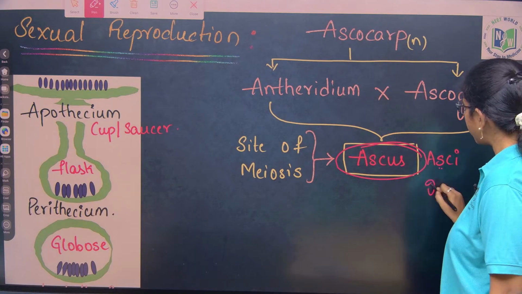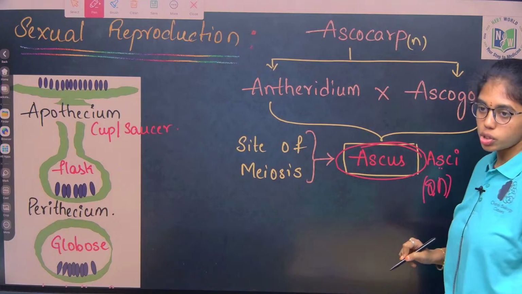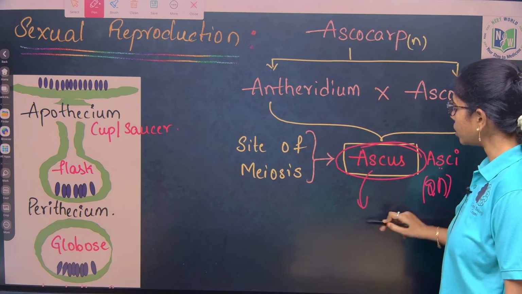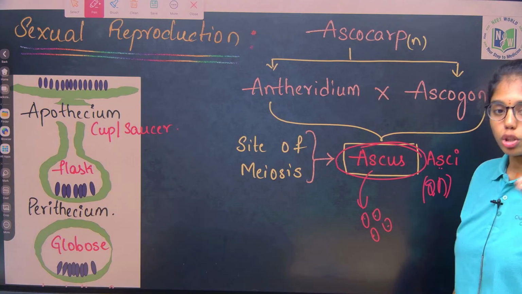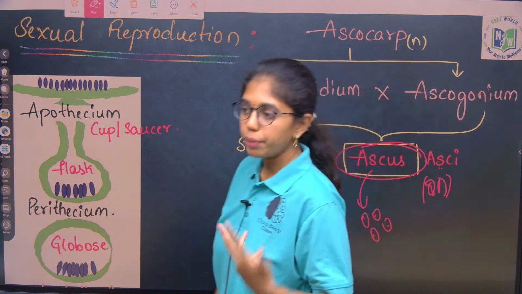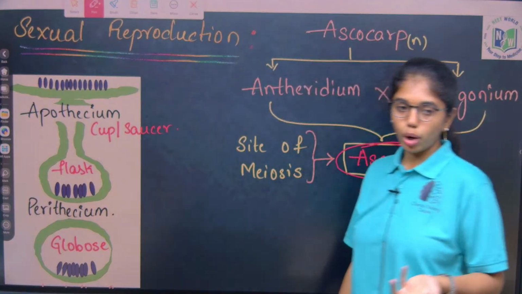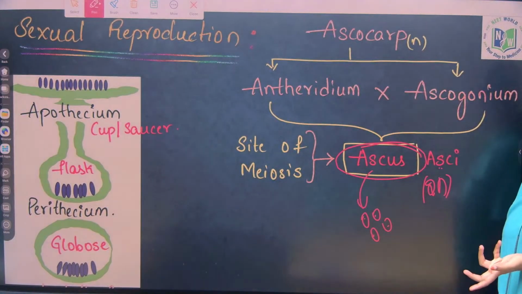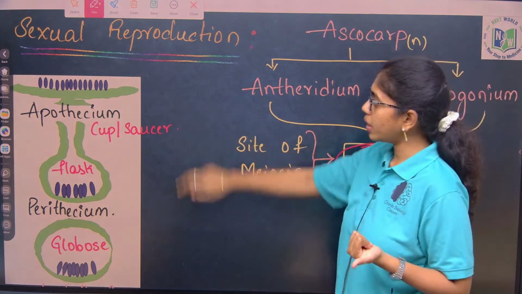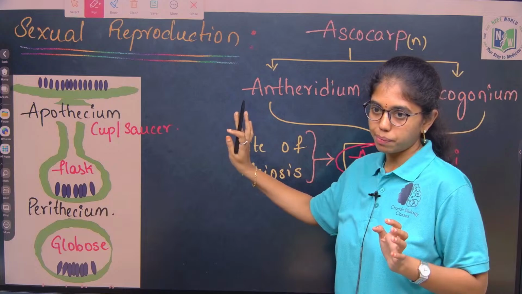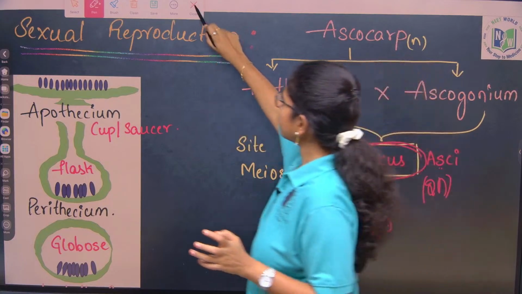Here zygotic meiosis takes place. After meiosis, spores are released. These haploid spores, landing onto a suitable substratum, develop into new haploid hyphae. Any doubt till here? Easy, no? You have to remember the different types or shapes of the ascocarps here.